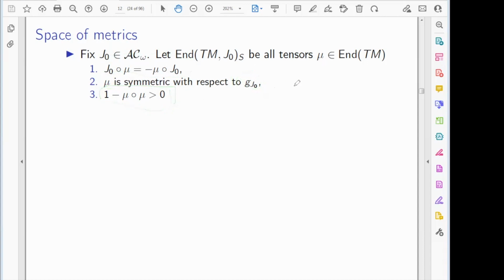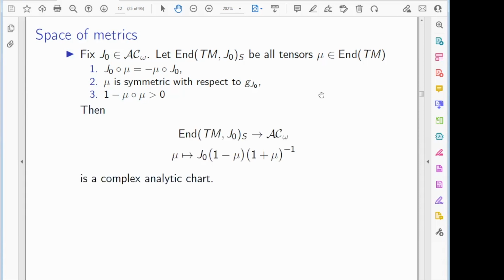This is similar to the parametrization of complex structures used by Kuranishi in his papers on the deformation, versal deformation space of complex structures.